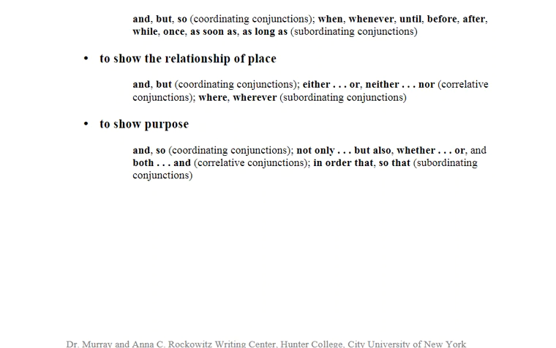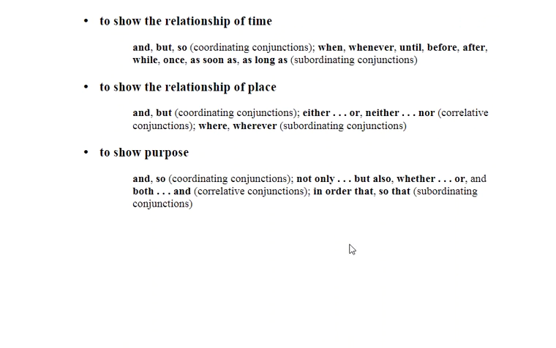To show purpose, so that I can do this, so that I can do that, in order to do that. He is here for both eating and praying, for example. He's not only here for cracking jokes, but also to make us laugh. He's here whether you like it or not.